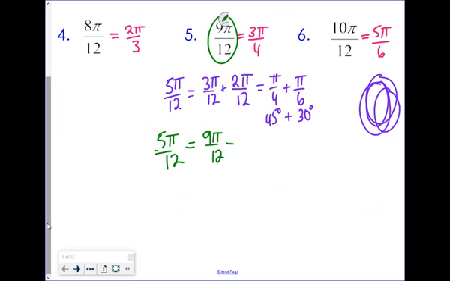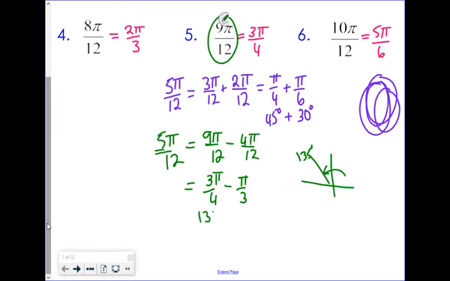To get 5, I get 9 and subtract 4. So it could come from 3 pi over 4 minus pi over 3. 3 pi over 4 is 135 degrees. I don't know better in radians now. 135 degrees minus 60 degrees.